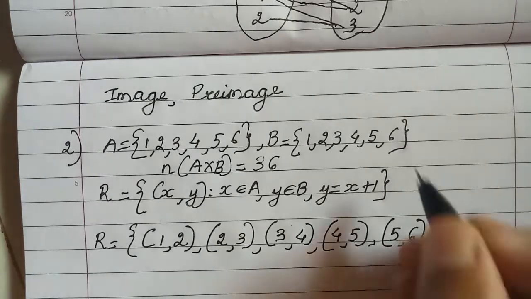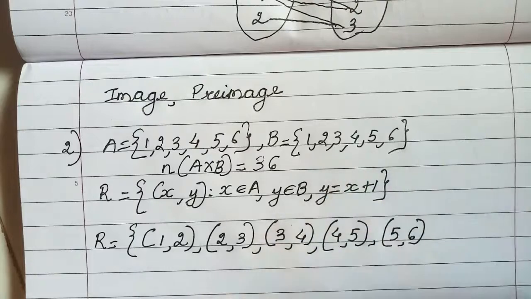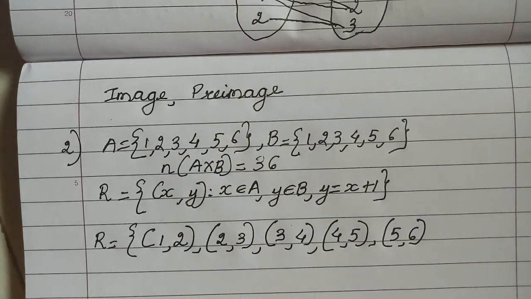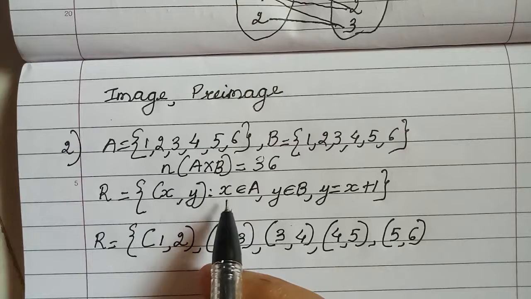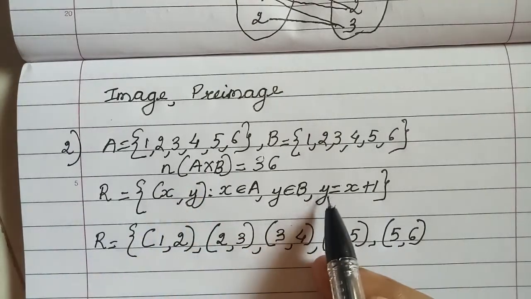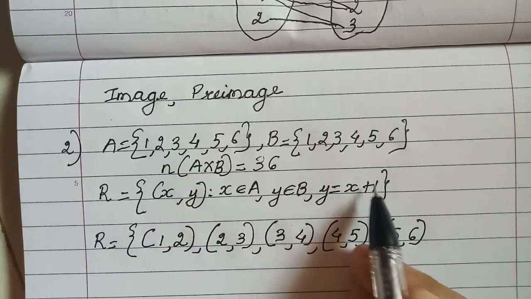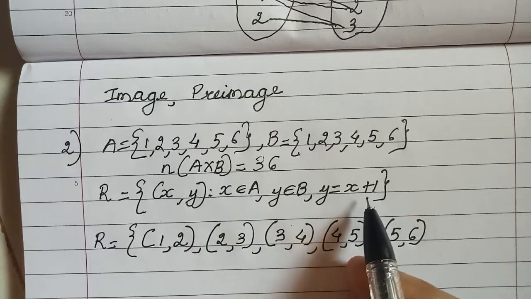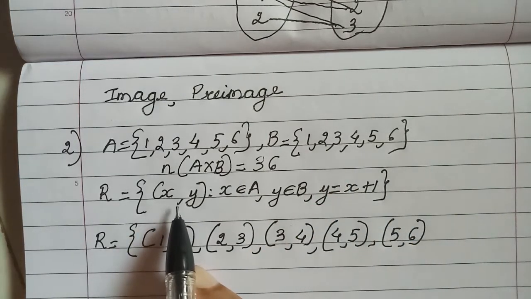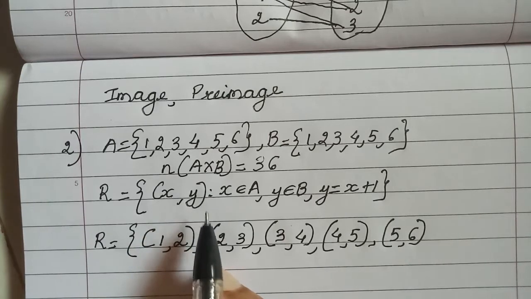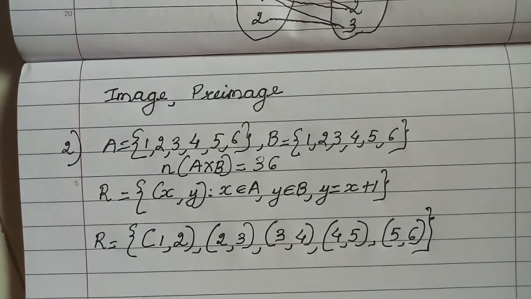Now 6 is also there in my set B. Now children, I cannot take X as 6, because the moment I take X as 6, Y would be 6 plus 1, so it will become 7, and 7 is not there in B, right? So the element (6, 7) will not come here. So your set will get closed here.